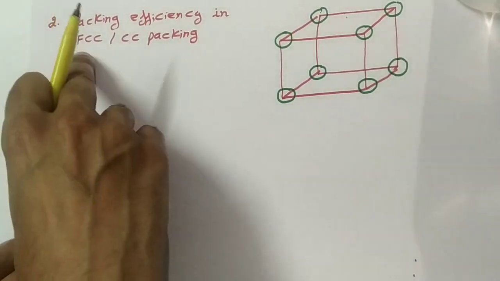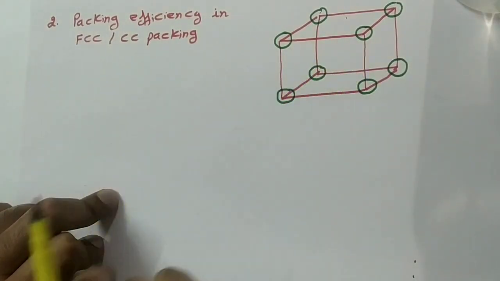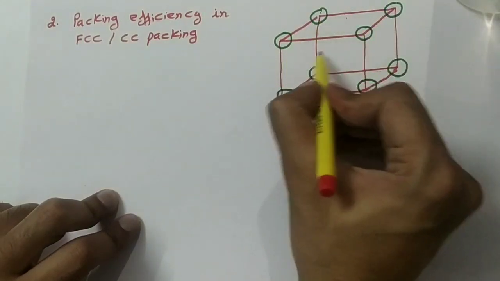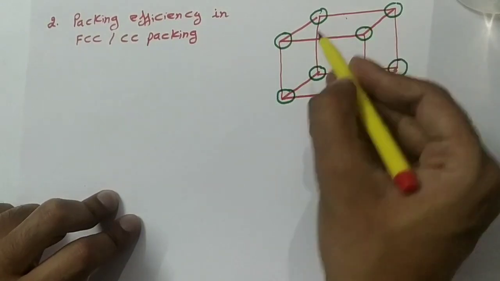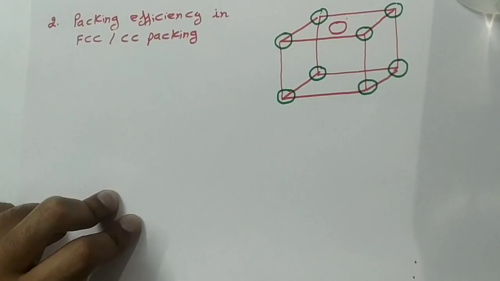In face-centered cubic unit cell, constituent particles are present at the corners as well as at the center of each face. Consider this top face. Constituent particles are present at the four corners and also at the center of this face.